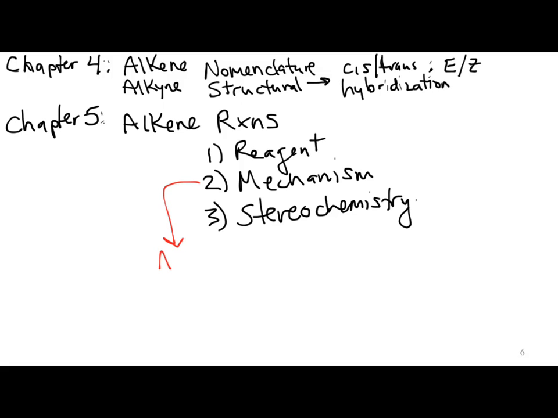We get addition reactions. In the process of doing an addition reaction, we move from sp2 carbons to sp3. When is stereochemistry important? What kind of a carbon? A carbon with 4 different things attached. The hybridization has to be sp3, which means addition reactions can have issues with stereochemistry because you're forming sp3 carbons.